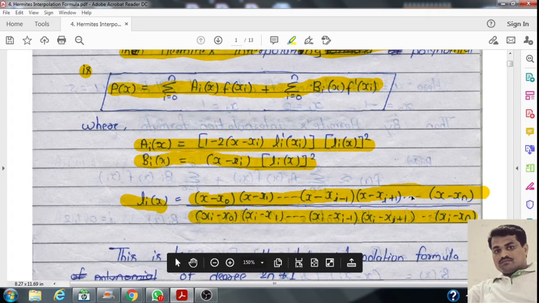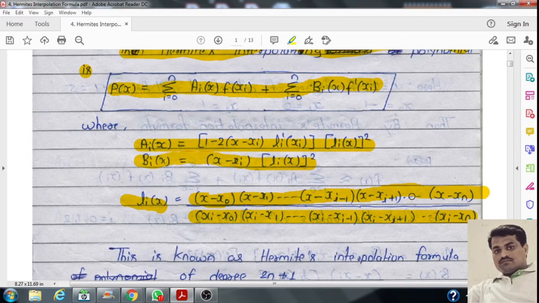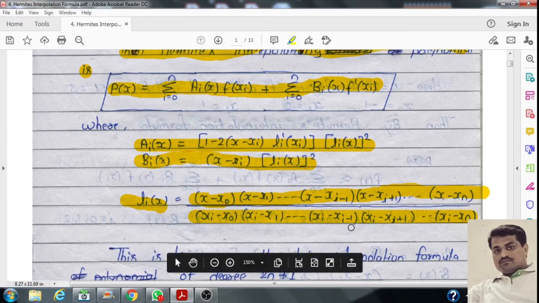Numerator is to subtract all the values of x from x except xi, and for the denominator you take the same numerator, only replacing x by xi in every factor.